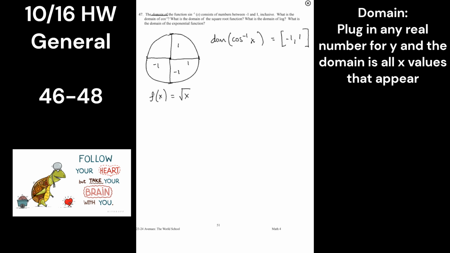Or sorry, you can't have a negative number for y. It won't work because you can't have a square root of a number be negative. So if f of x is -3, there's no value of x that will make the square root of x equal any negative number. So it has to be greater than or equal to 0.